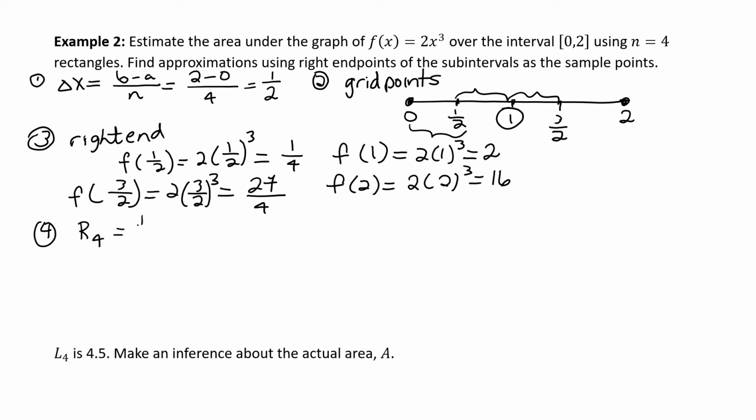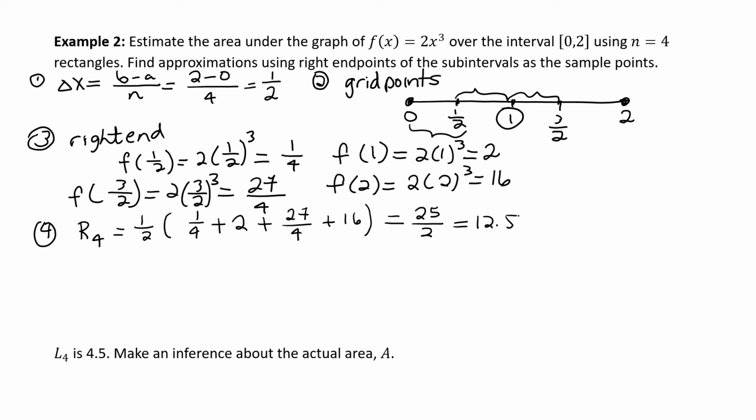The width is 1/2, so we'll have that factored out, and then add each of the heights. That would be 1/4 plus 2 plus 27/4 plus 16. That sum is 25/2, and you can write that as 12.5.